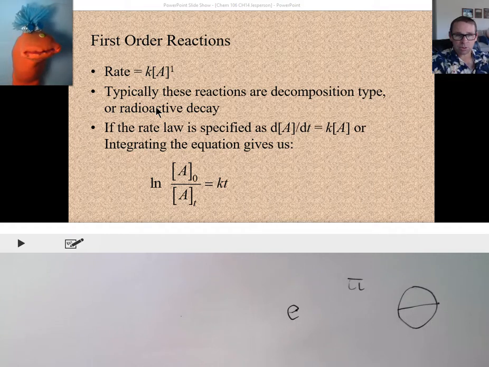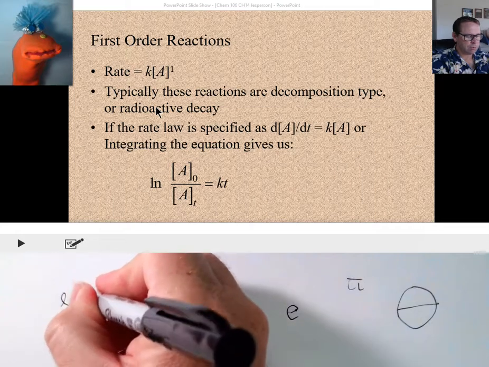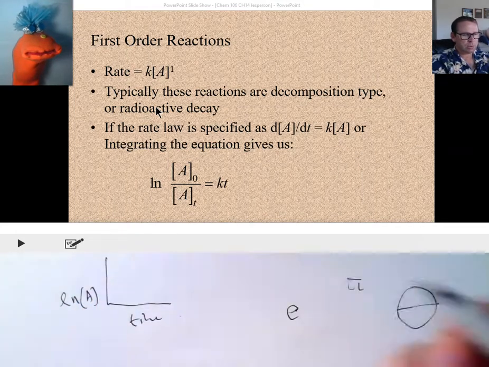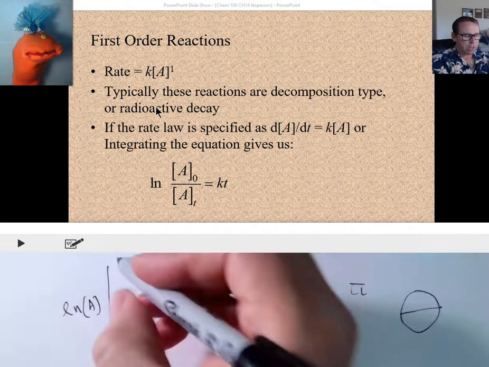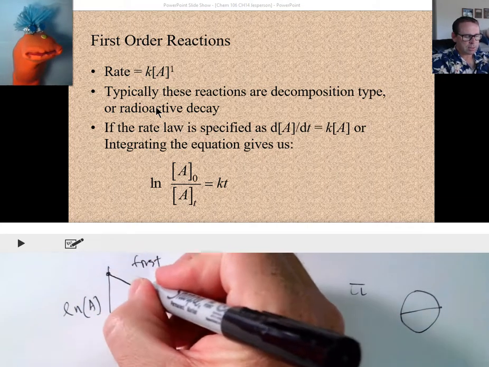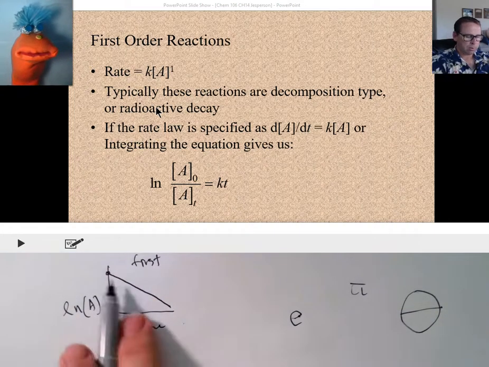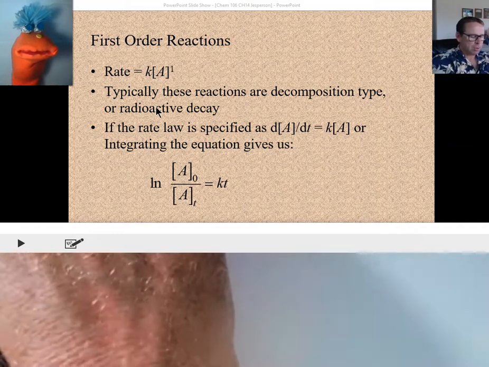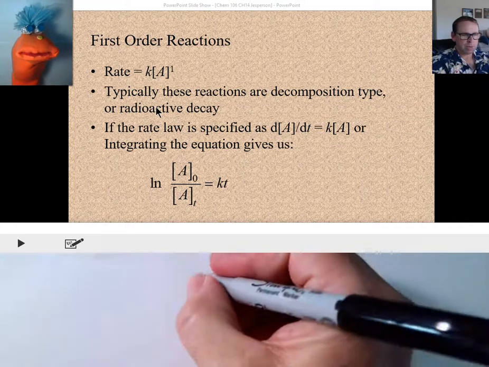And so we see this really cool relationship where if you have the natural log of the concentration of A versus time, then for a first order reaction, what you'll see is a linear decay of the natural log of the concentration of A versus time. So what that results in is our integrated rate law being this relationship.